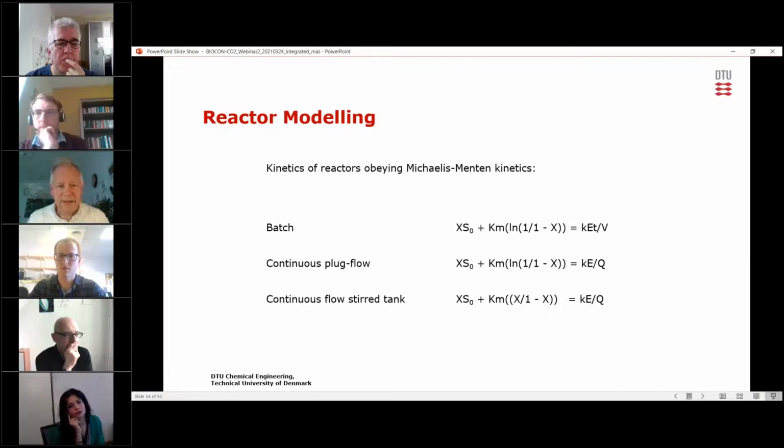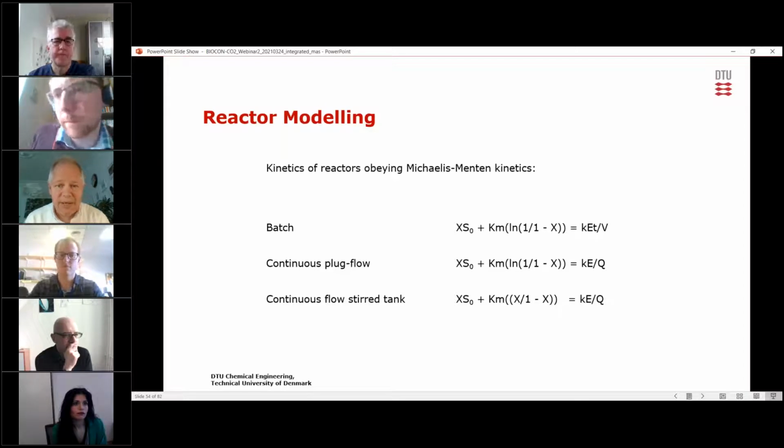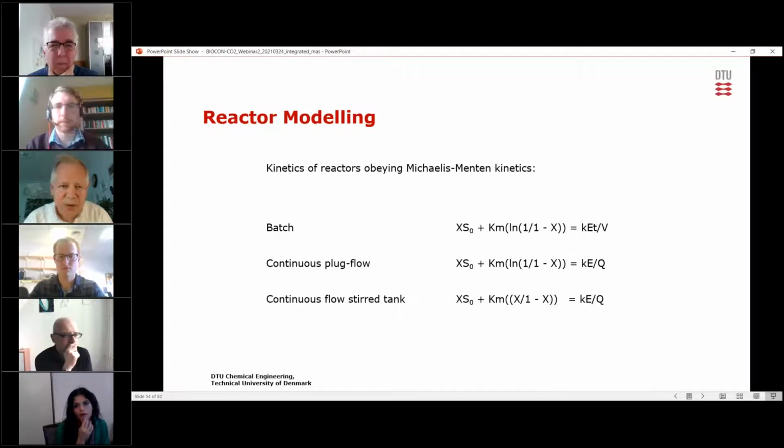So reactors like this can be modeled very easily. This was actually first done in the 1960s. And these simple mathematical descriptions here make a relationship between what kind of conversion we can expect to achieve, that's given the symbol X, for a given amount of enzyme, and that's given the symbol E. So depending on the type of conversion we want to achieve here for given substrate concentrations, depending on the properties of the enzyme, here we bring in the Km for the particular enzyme as well, the Michaelis constant, we can start to see how much enzyme we require to get to a particular level of product.